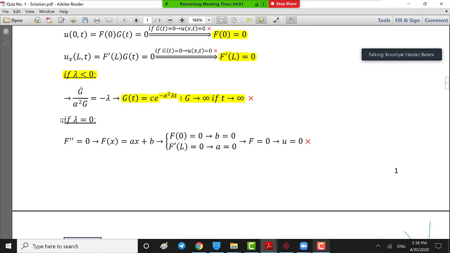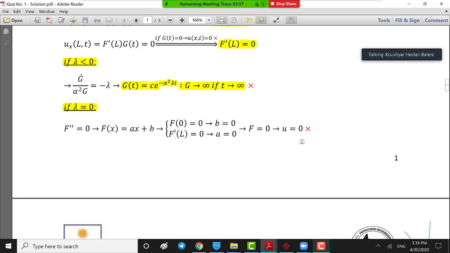Now, when lambda is equal to 0, then just like before, f double prime is equal to 0, and we're going to conclude that because of the boundary conditions, f is going to become 0, which is something that we can't tolerate.